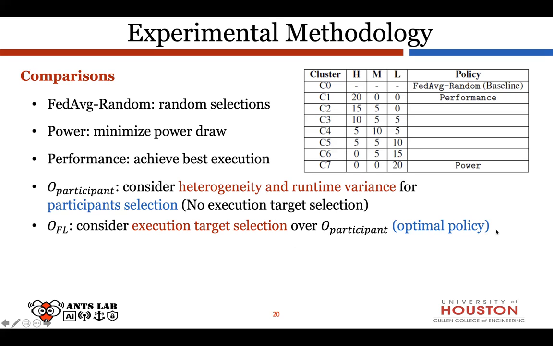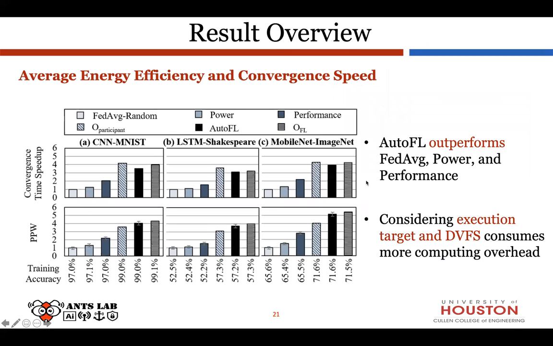So next, let's move to the result overview. These two figures show the average energy efficiency and the convergence speed of these 6 methods. The first row is the convergence time speedup, and the second row is the PPW, which represents the energy efficiency.